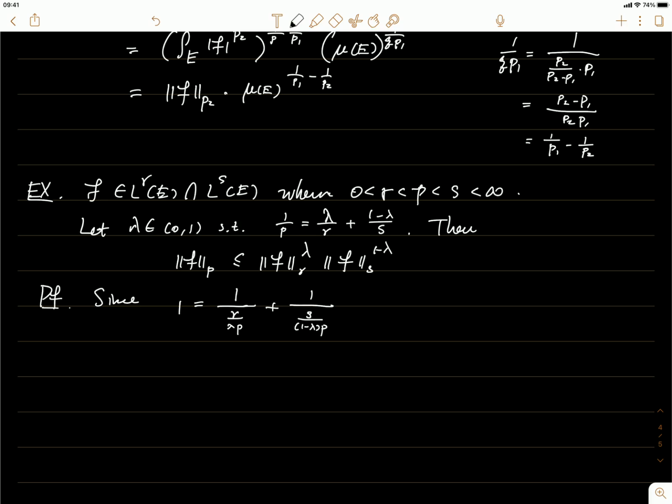Okay, so we know that, right? Just multiply the p on both sides and flip all the numerators to the denominators. We have that. So we know that r over lambda p and s over (1 minus lambda) p are conjugate.